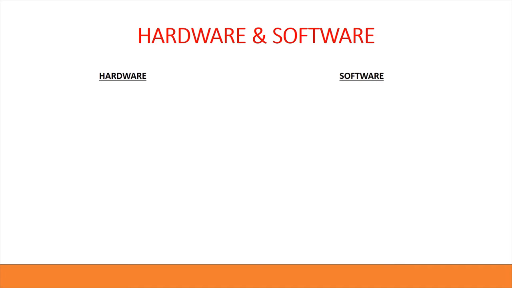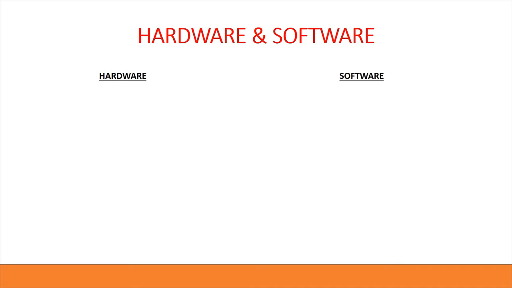Another difference between hardware and software is that hardware has four main components. In later classes we will be looking into all this. Hardware has four main categories, and I think you already know this.